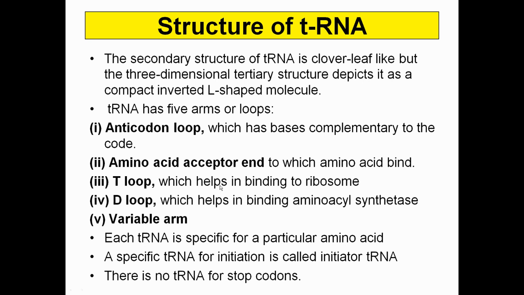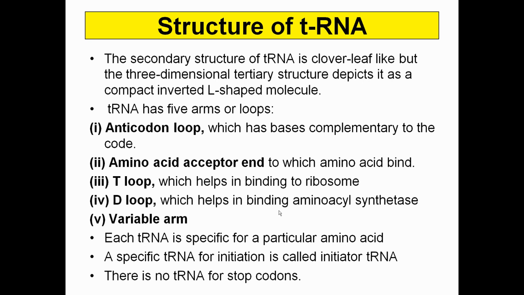As you know, tRNA can't work by itself. It needs the ribosome for attachment, and this particular loop, that is the T-loop, is going to help in that process. Next is the D-loop, which helps in binding aminoacyl synthetase. This particular enzyme is very important for the activation of amino acid, which we will study later in this video.